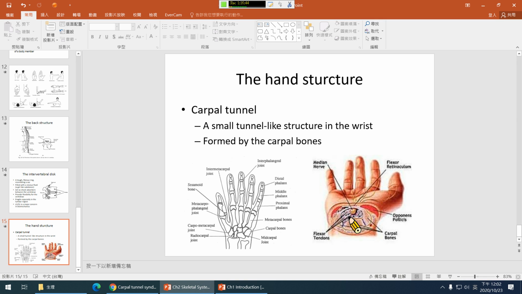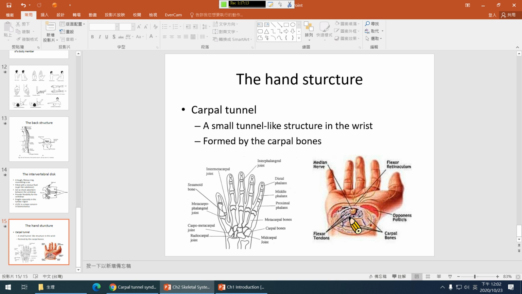So when they work, the tendons go through that tunnel. And as you can see, there are a lot of tendons. It's crowded here. They are making friction with each other. So when you are typing very quickly, those tendons are moving very quickly.